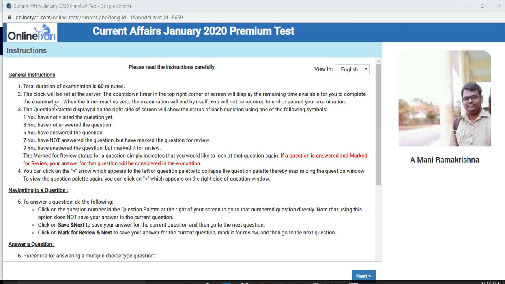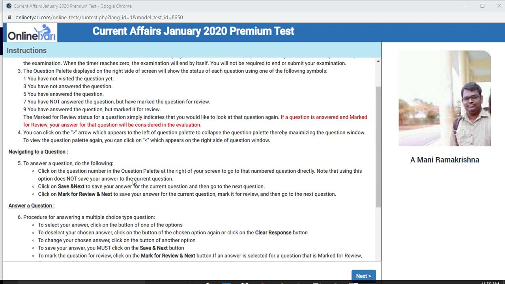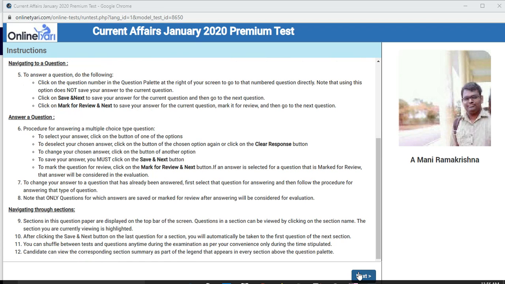And you have not finished the question set. It's showing not answered yet, and green, yellow, red and white color options are there. Let us see the instructions. We'll start the examination.